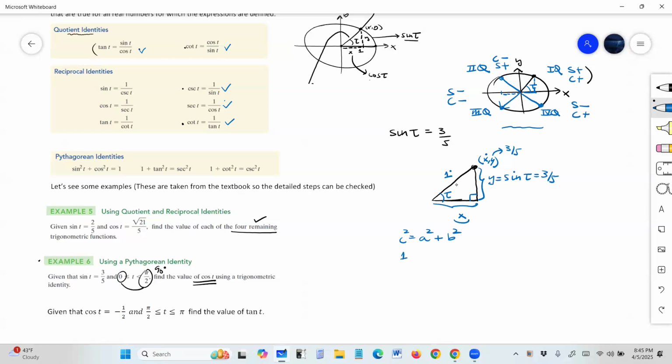I know the hypotenuse is 1 squared. One of the sides is x, so x squared plus 3/5 squared. Now all I have to do is solve this equation. So this is 1 = x squared plus 3/5 squared, and 3/5 squared is 9/25. I'm going to subtract 9/25 from both sides, and I'm going to end up with 1 minus 9/25.